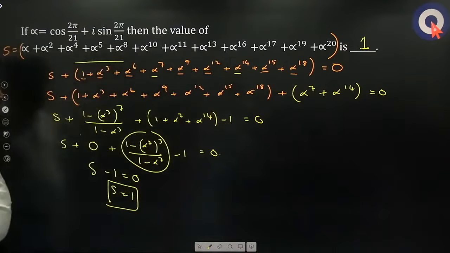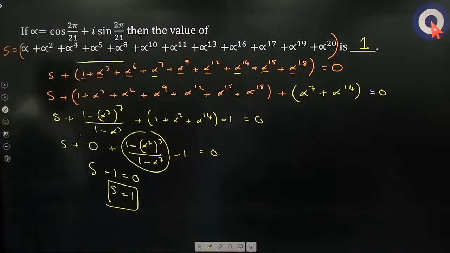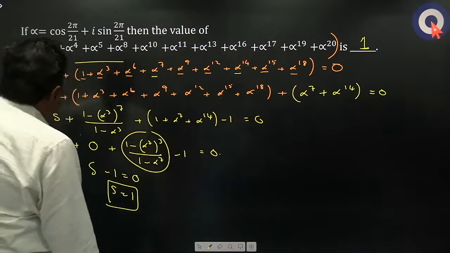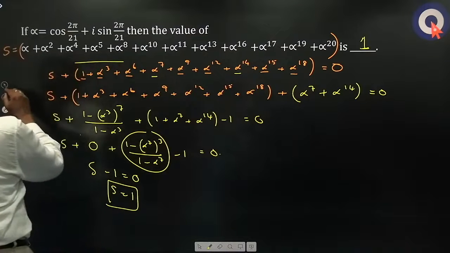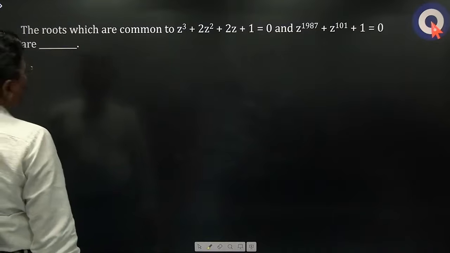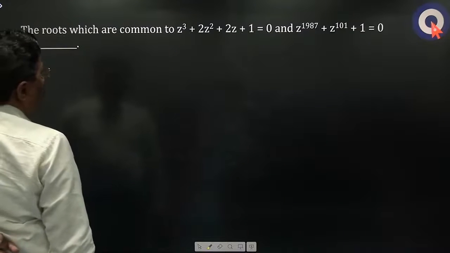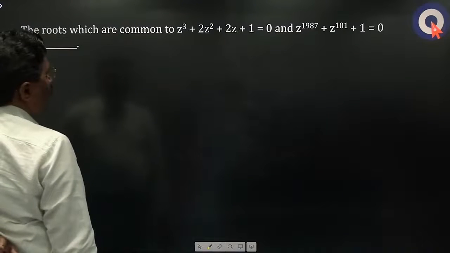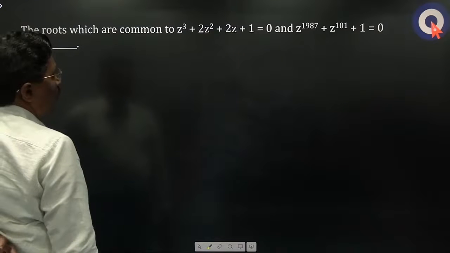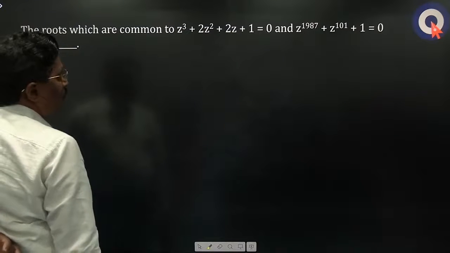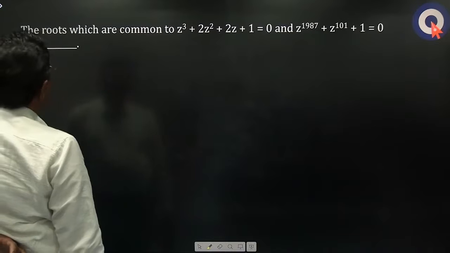Quite a simple problem. Alright, so let us move on to the next problem. The roots which are common to z cube plus 2z square plus 2z plus 1 and z power 1987 plus z power 101 plus 1 is equal to 0.